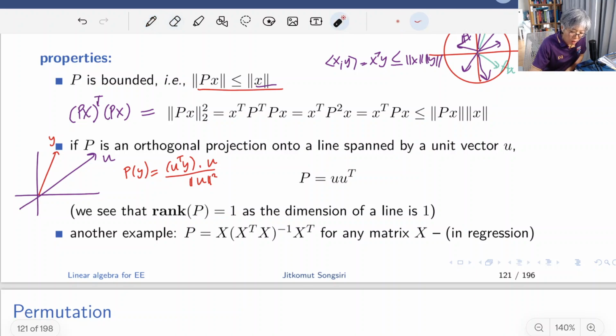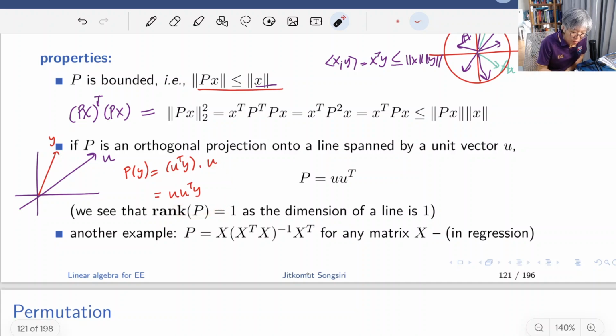If we just normalize u to have a unit norm, this goes away because the norm is 1. Remember that this is just an inner product, so this is a scalar. So I can also move u transpose here. This is a vector, this is a scalar, so I can also move u here.